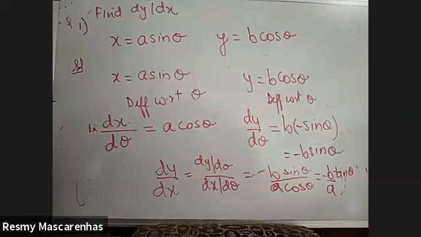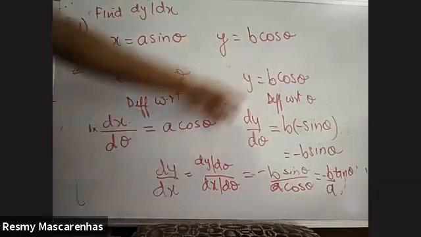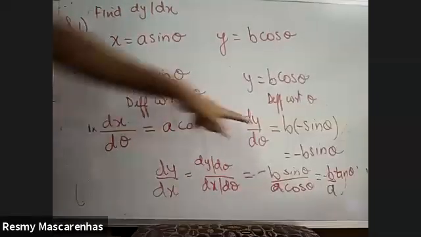Okay. One more, we will solve one more problem on this. You can understand it better then. So given x and y, you have to differentiate separately and then write second answer upon first answer.